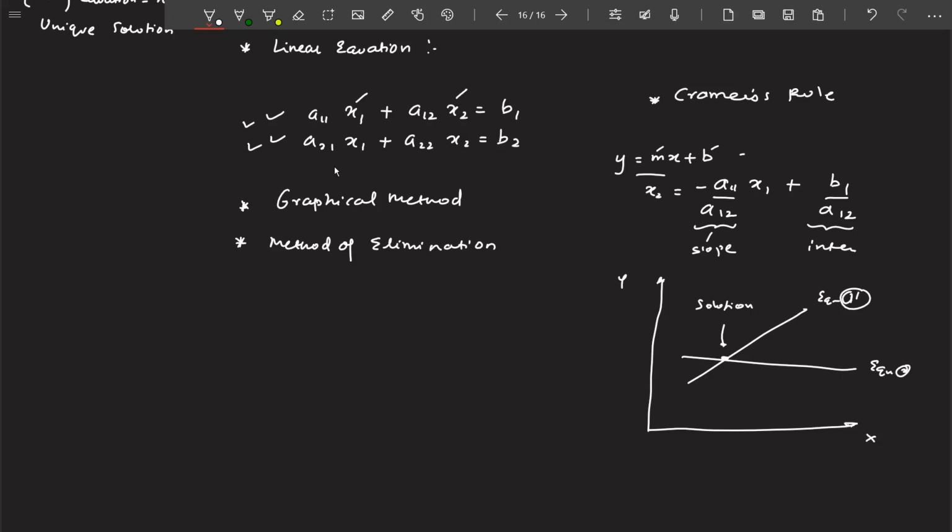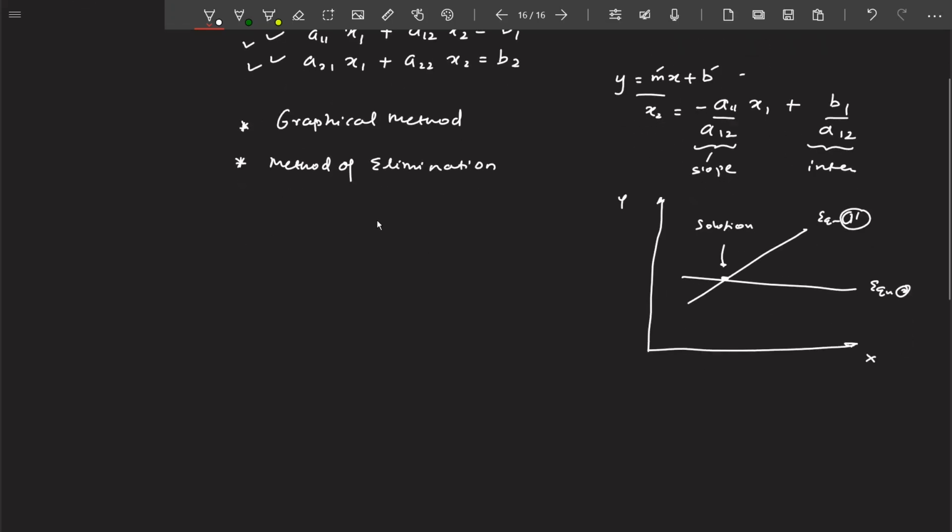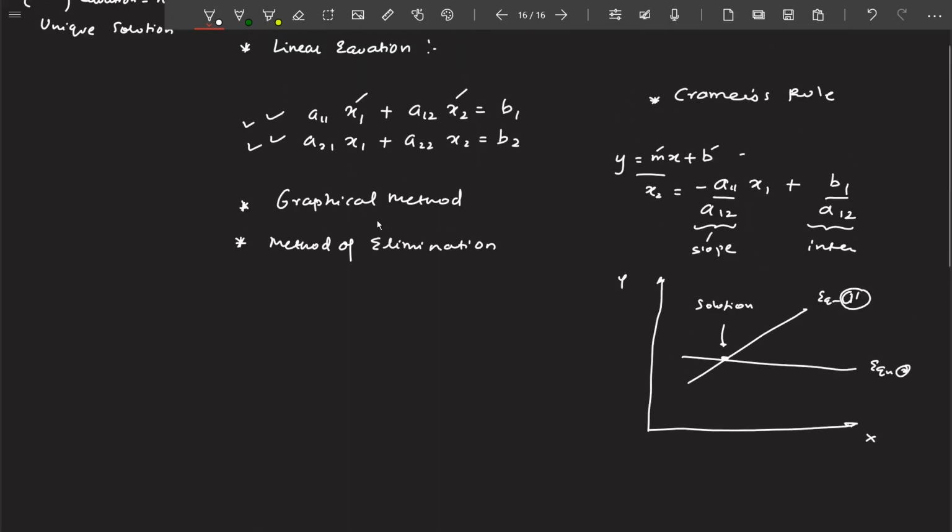Okay. So there might be a situation where there are more variables and more equations. The disadvantage of the graphical method is that you can easily solve problems involving two variables. Also you can solve problems involving three variables and three equations. Okay, and you have to plot it on a 3D plot, that is x, y, z, and instead of lines there will be planes.